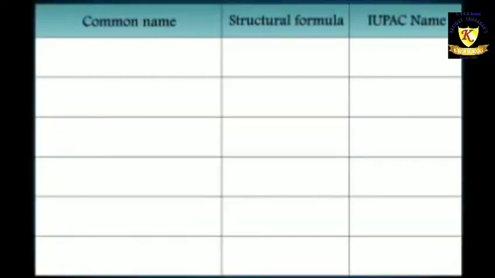Now look here at this table. We have common name, their structural formula and IUPAC name. So the first name we need to write is ethylene. Now the structural formula is CH2 double bond CH2.